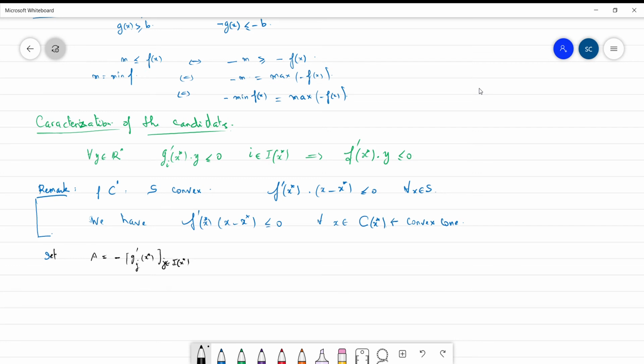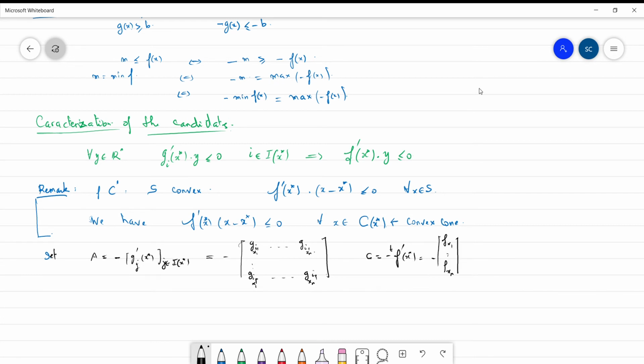So we have this big matrix, minus the partial derivatives of g i with respect to x1 up to xn, for each active index. Let's denote also c, the vector minus the transpose of the derivative of f prime at x star. So it will be the vector minus f x1, up to f xn.